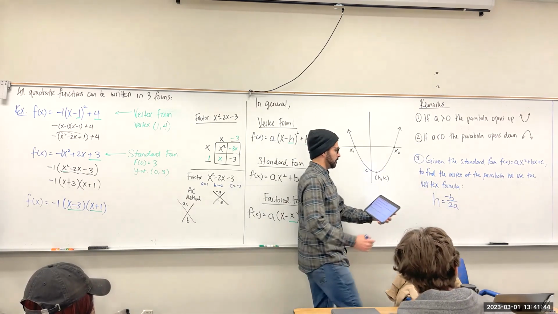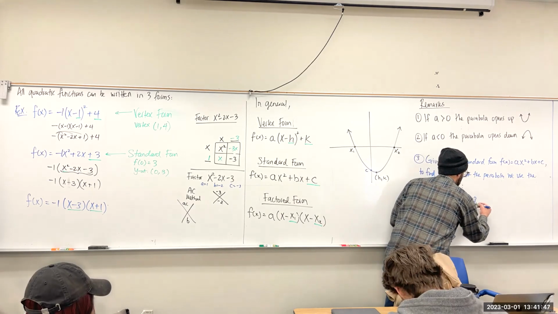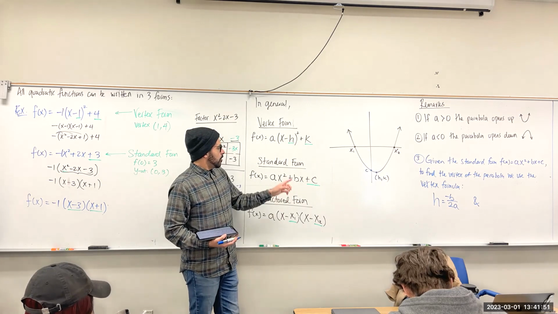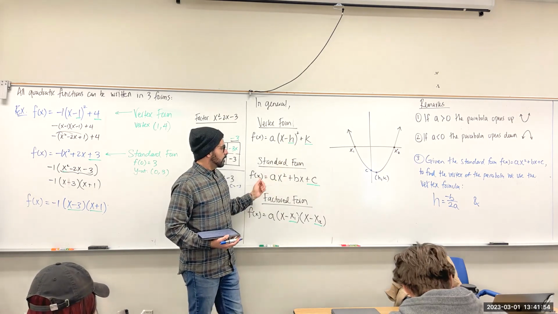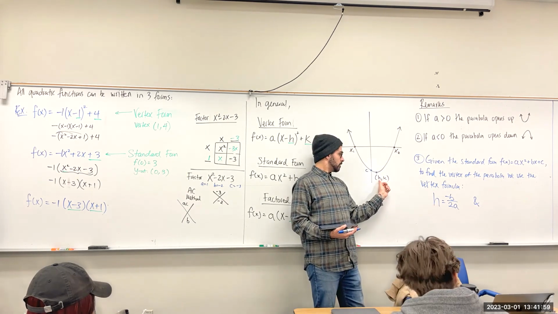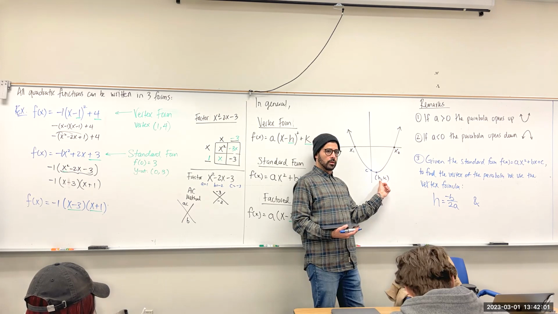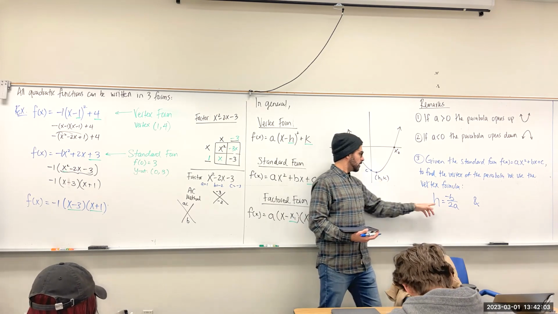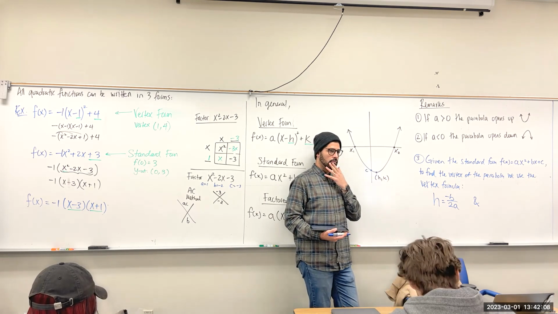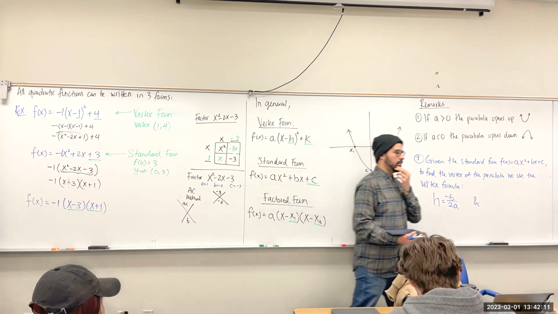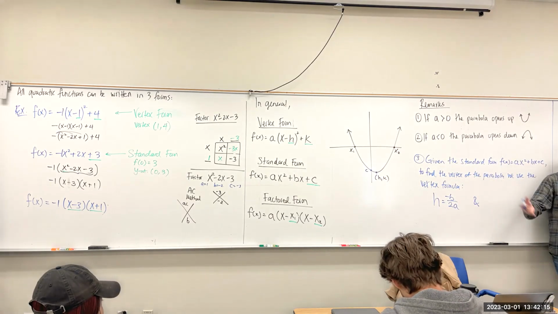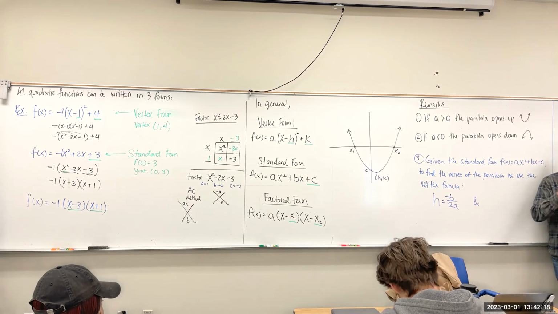A throwback for some of you. Okay. So once I know h, the x coordinate of the vertex, k is supposed to be the output of that x coordinate. So how can I use the function to find k? Go back to when we were learning about what a function was and its graph.